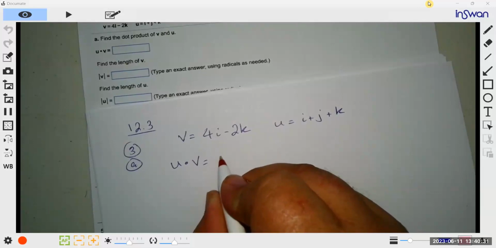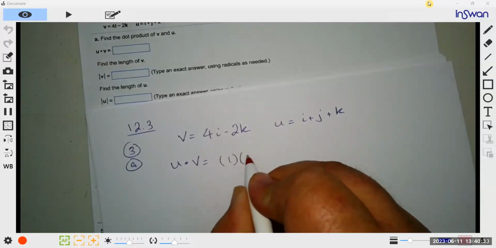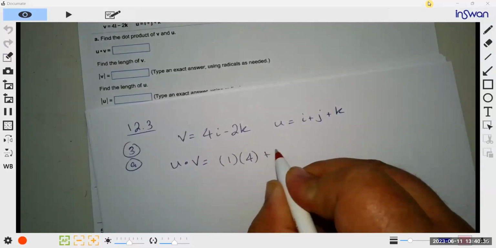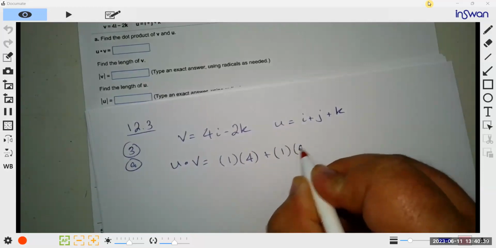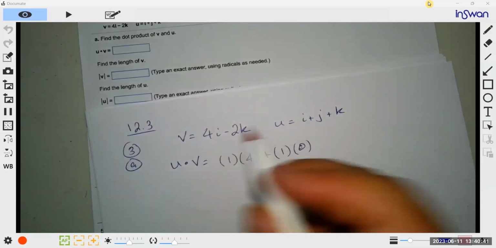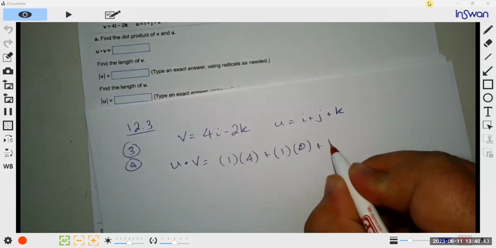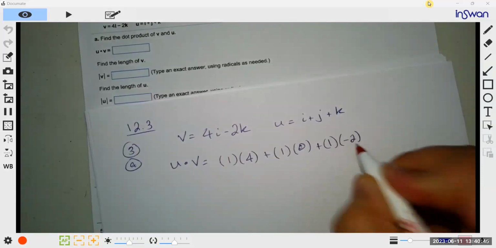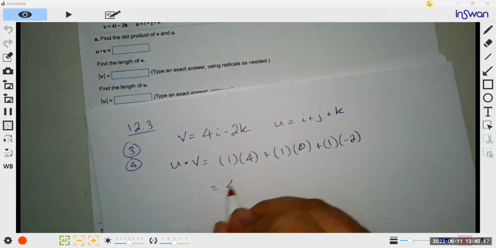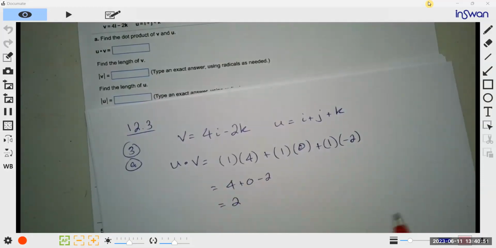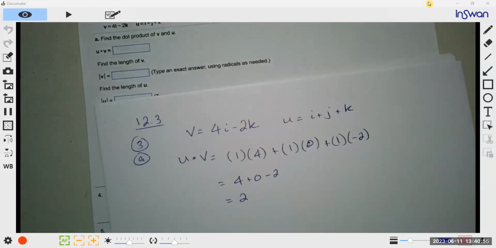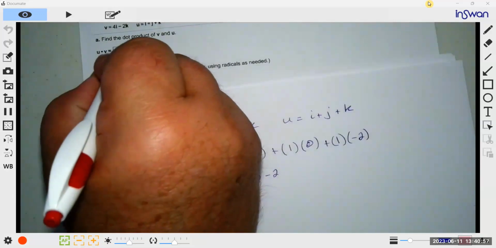U dot v: 1 times 4, 1 times, since there's no j's, it's 0, 1 times -2. So u dot v is 2.